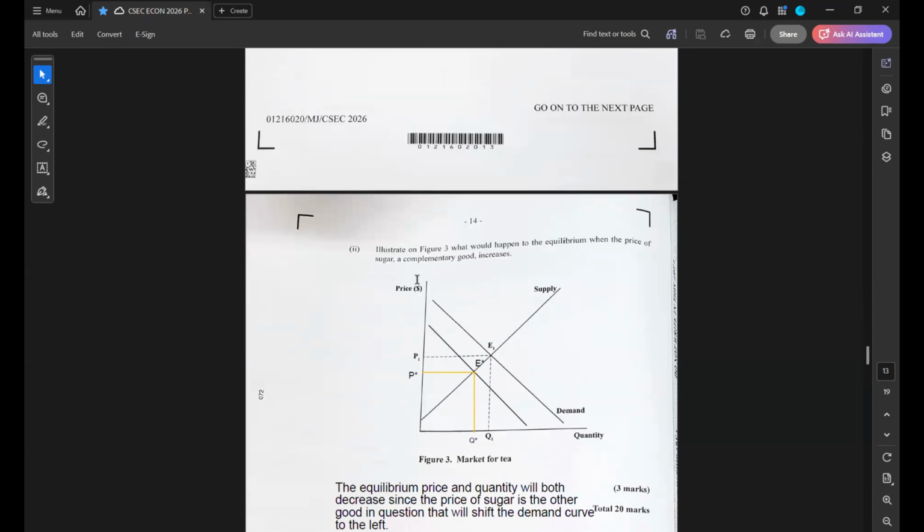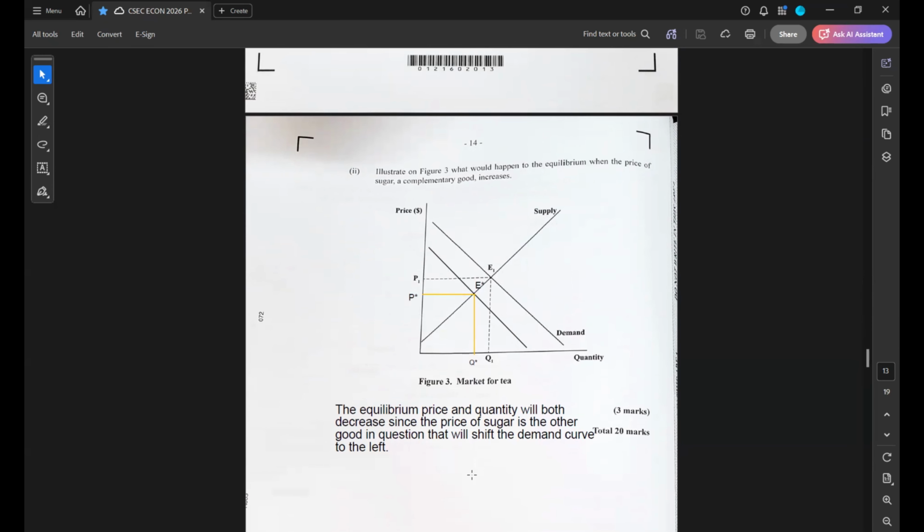So we have price on our y-axis, quantity on our x-axis, you have the demand curve, you have the supply curve. Now, the equilibrium price and the quantity will both decrease, since the price of sugar is the other good in question that will shift the demand curve to the left, right?